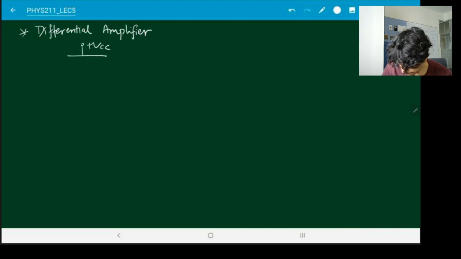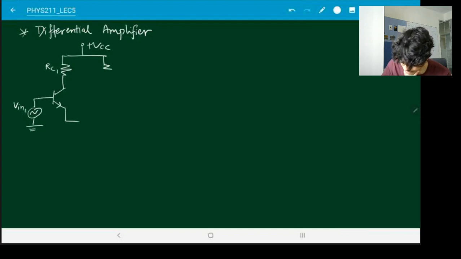So this is RC1, and here I'm going to give it some input signal, some AC input, let's call it Vin1.